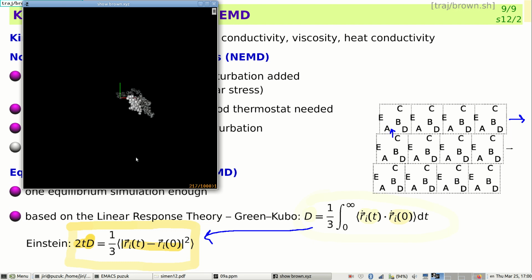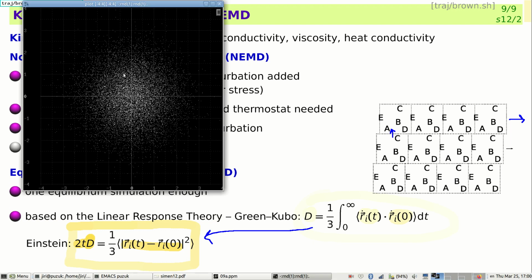I will show you how diffusivity behaves. This is one particle that travels through space, and after some time it gets from one point to the other point. And let's do this pseudo experiment many times and make statistics of it.